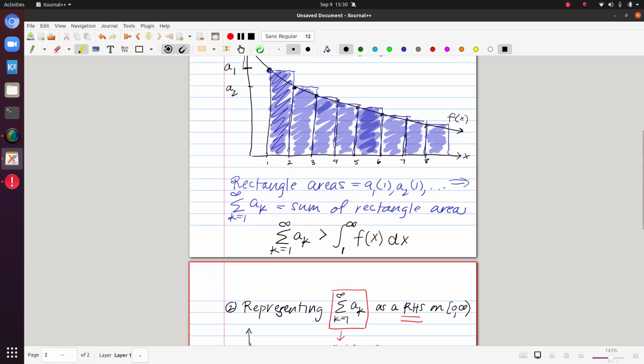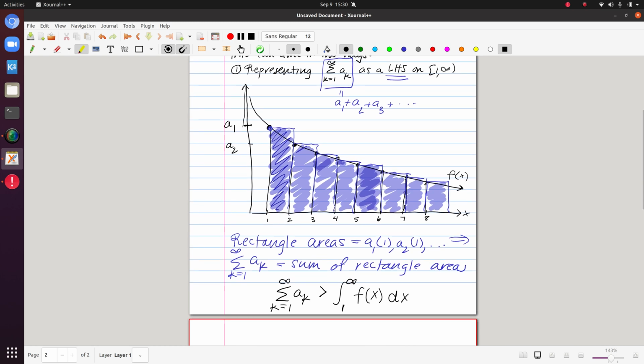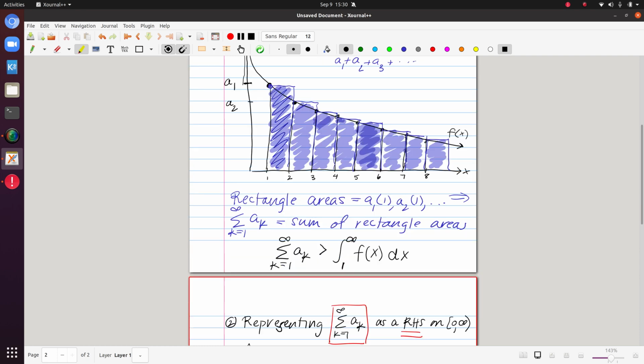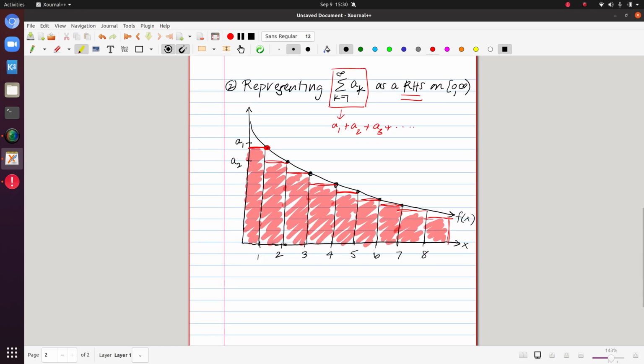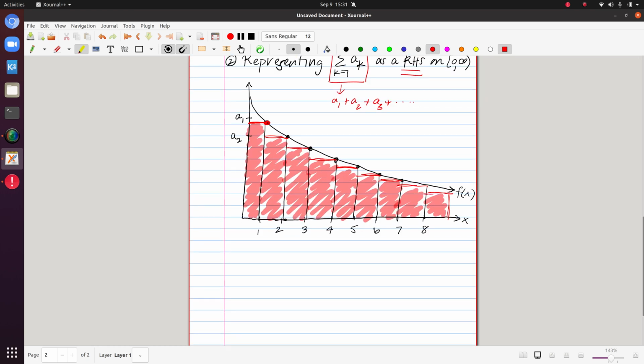What is changing is the integral we're comparing it to, because we've shifted the rectangles so that they lie on top of a different interval of x values. So when we represented that one sum as a left-hand sum, we compared it to the area from 1 to infinity, because that's the interval that the rectangle sat on. Here, when I treat this as a right-hand sum, the rectangles in fact sit on the interval from 0 to infinity. So let me move back to the pen.